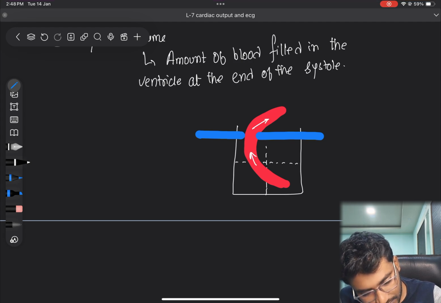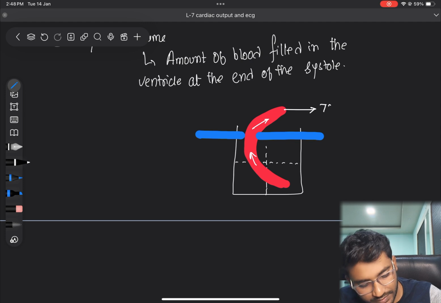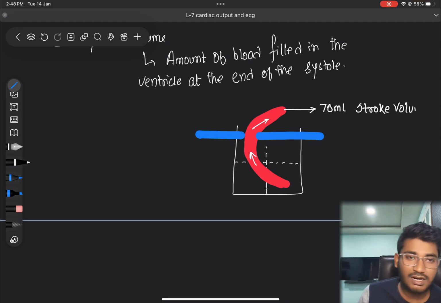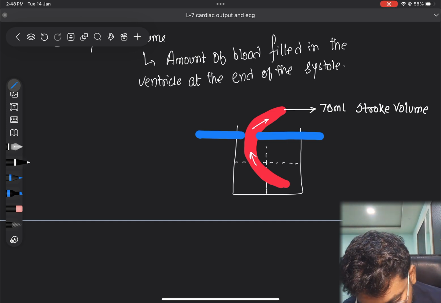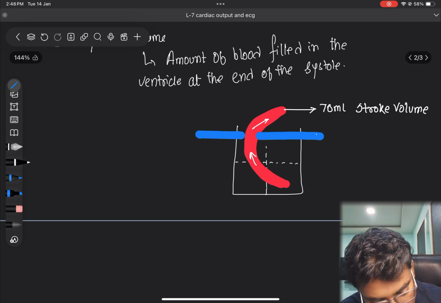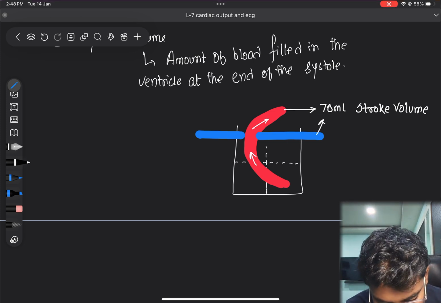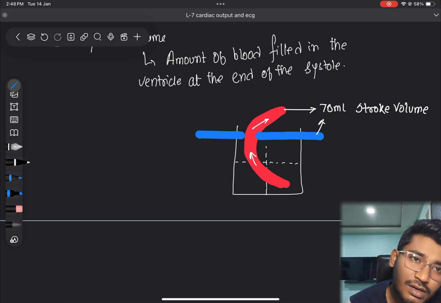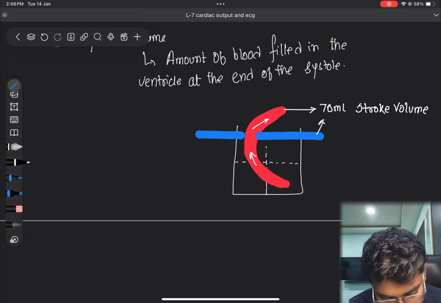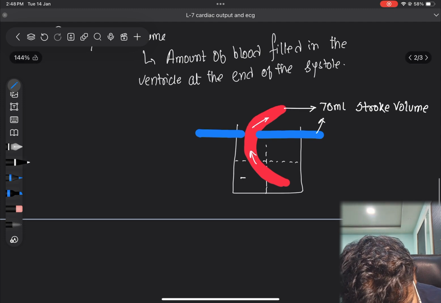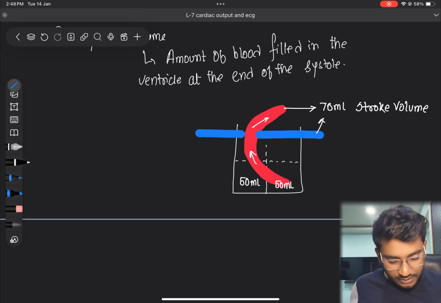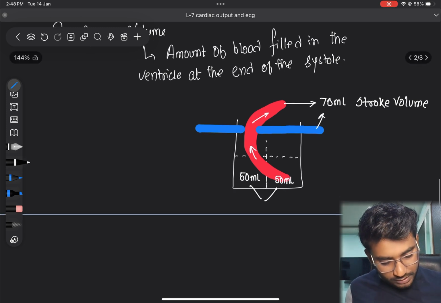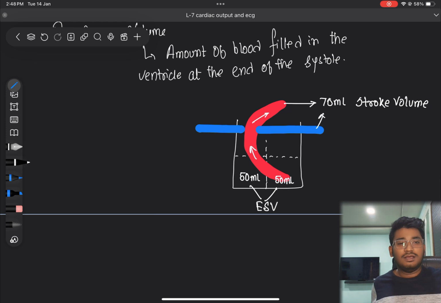This is the 70 ml. What is 70 ml? Stroke volume, the blood which is pumped out by the ventricle. This is the stroke volume, and this is also a stroke volume. It is from the right atria, and this is from the left atria. This is from the pulmonary artery, and this is from the pulmonary vein. So here remains 50 ml, the end diastolic. Now end systolic volume is what remains like this after systole.